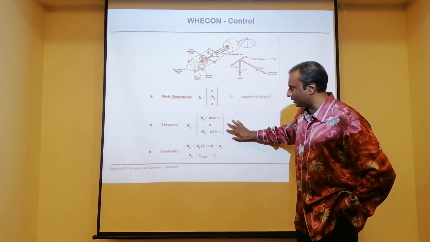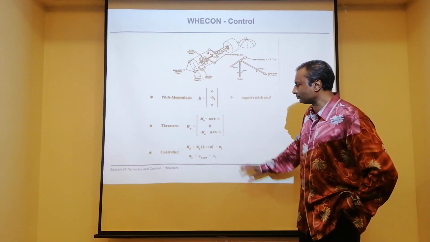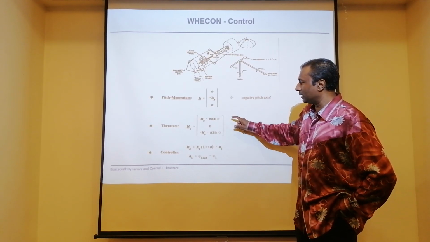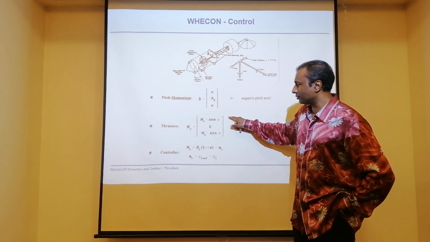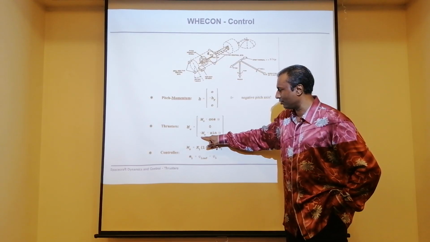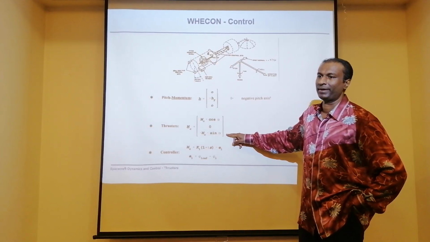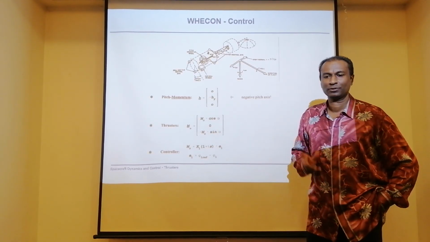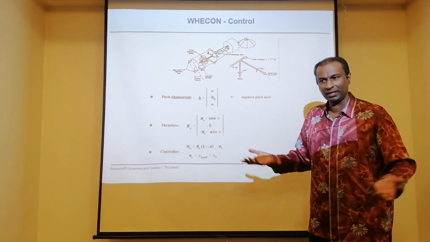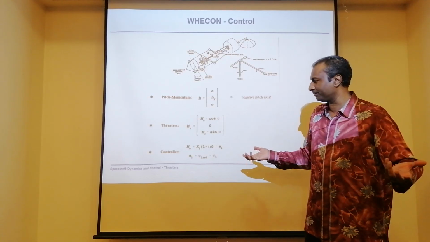Pitch is done. Now roll and yaw. For roll, I have a thruster, and my yaw can also be managed by a thruster. So it's very simple. I have two actuators here: the thrusters and the momentum wheel, and I can do 3-axis control. That's what it means here.